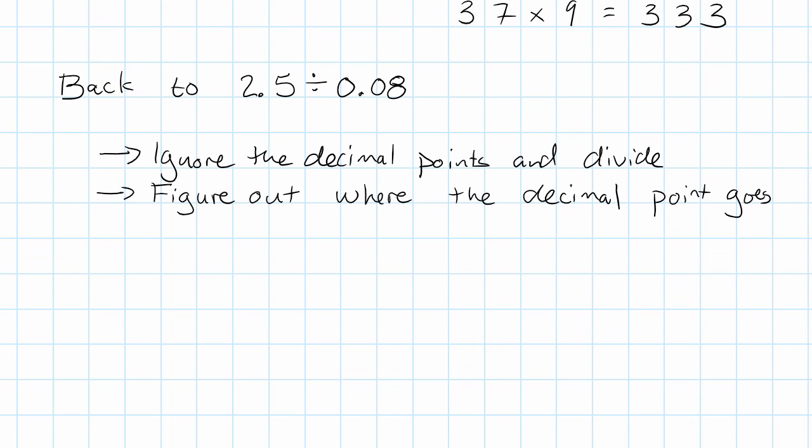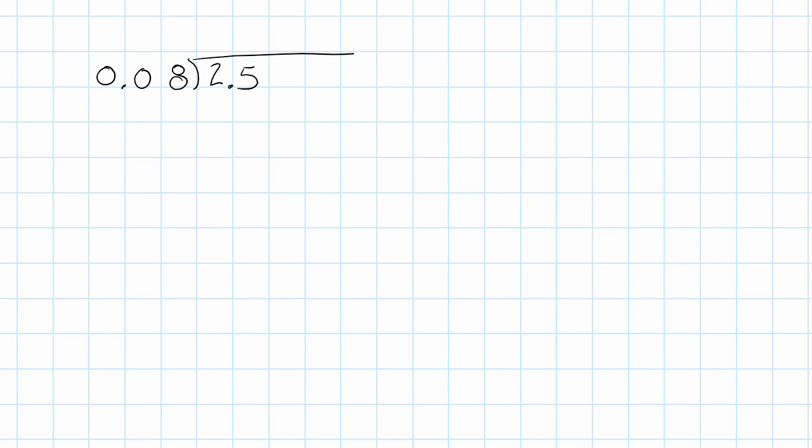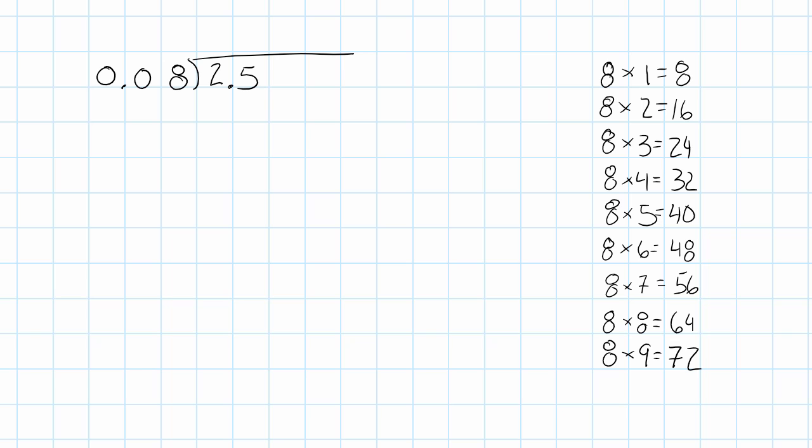Let's see how this works. Just like before, I'm going to set up a long division bracket. And just like before, I'm going to make a list of all the single-digit multiples of 8. If you happen to know the 8s in the multiplication table, then you don't need this list. If you don't, take a minute and write it down.